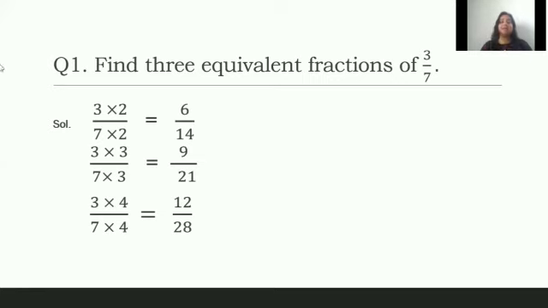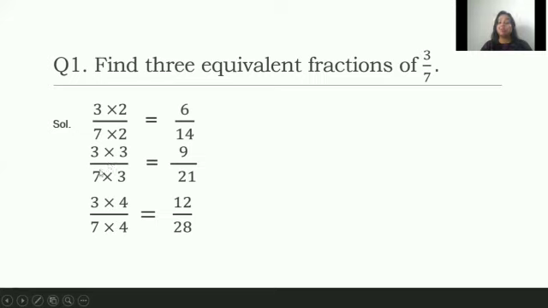If you multiply numerator and denominator by 1, you'll get the same fraction 3 by 7, so no change. So start multiplying with 2 in the numerator and in the denominator. Just multiply them, and this 6 by 14 is your first equivalent fraction to 3 by 7.